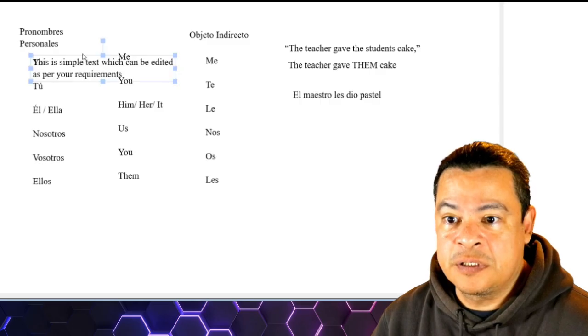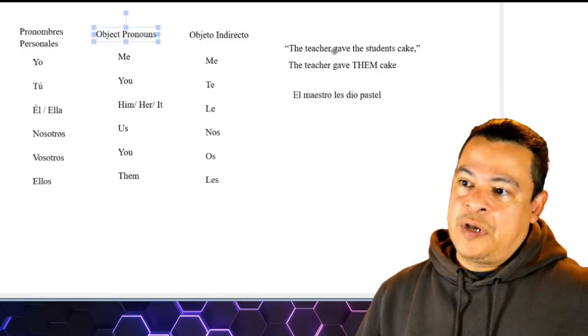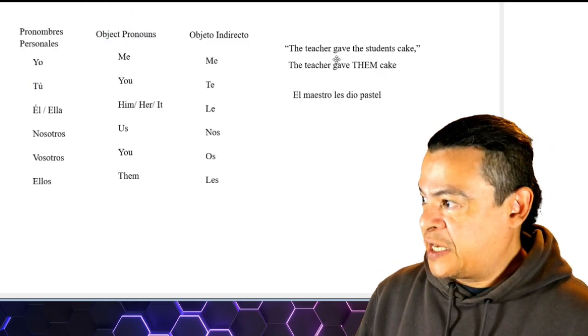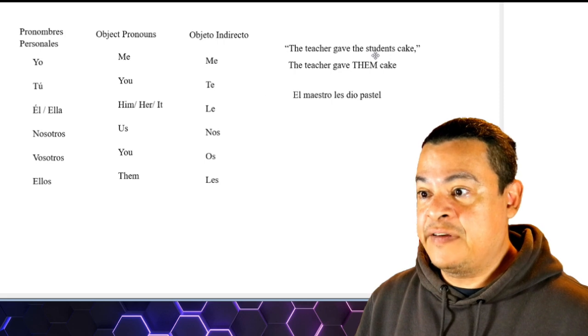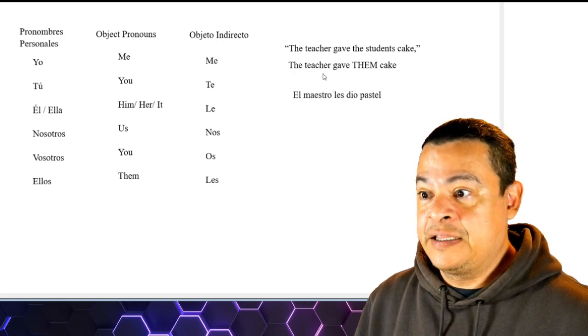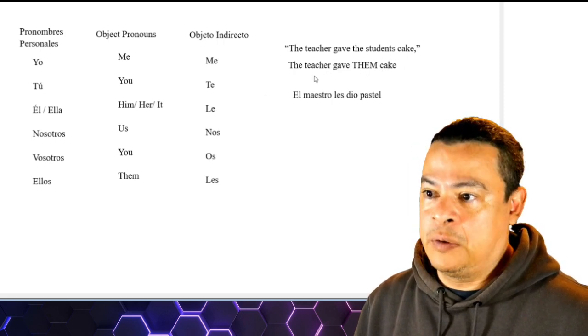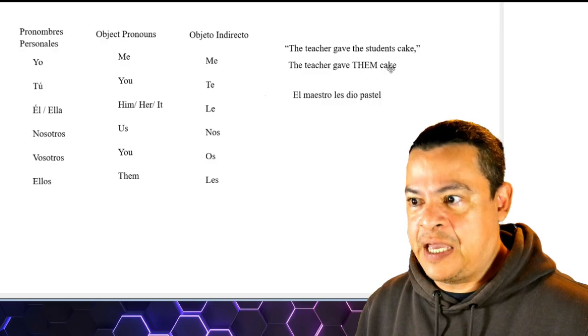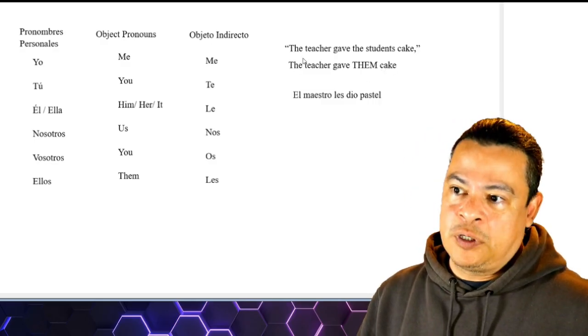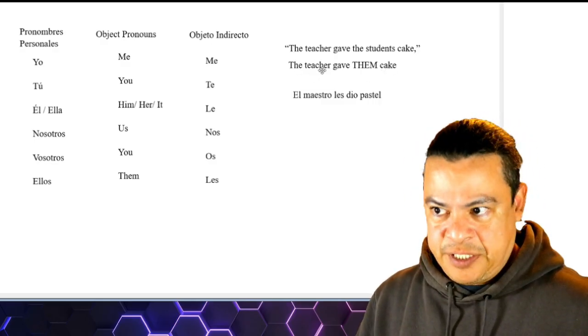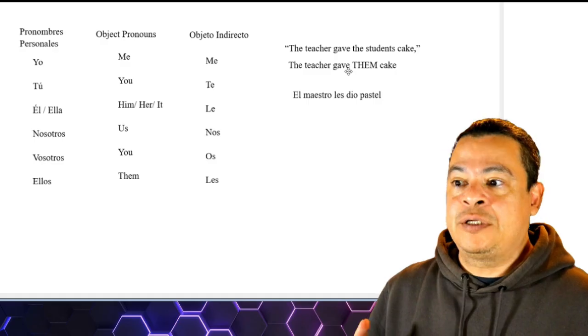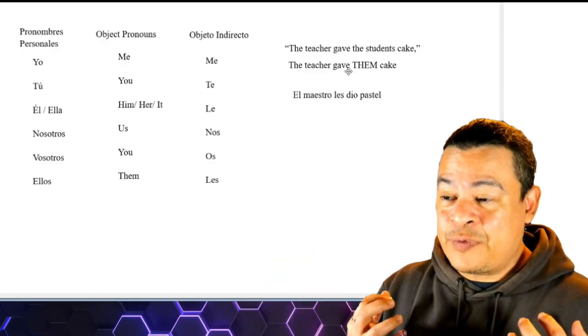This is called object pronouns. And you have the example here. When I say the teacher gave the students cake, the teacher gave them cake. So we have got one subject, the teacher. Gave is the action. Them is the one that receives the action.